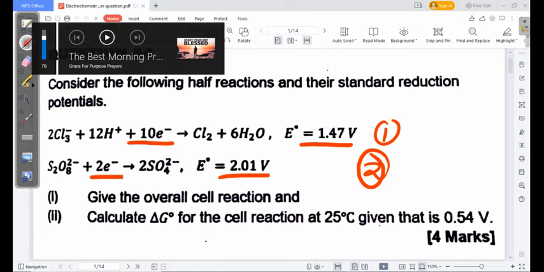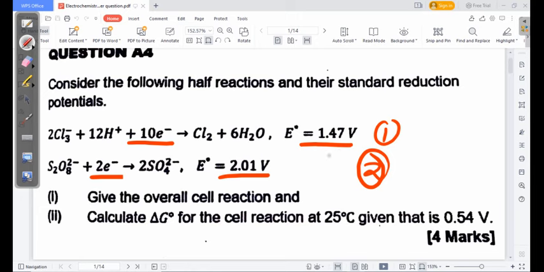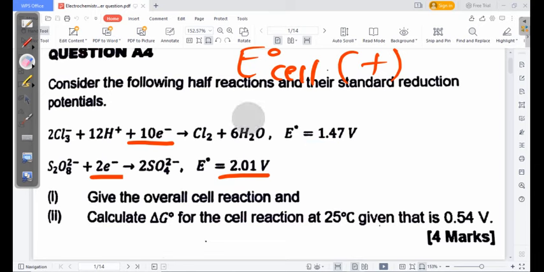Okay. So the basic idea is, each time we're dealing with these, we want to get a positive standard cell potential for the galvanic cell, right? Positive standard cell potential. We always want it to be positive. Now, when we reverse, the sign changes. So if I reverse the first one, the sign will become negative 1.47.